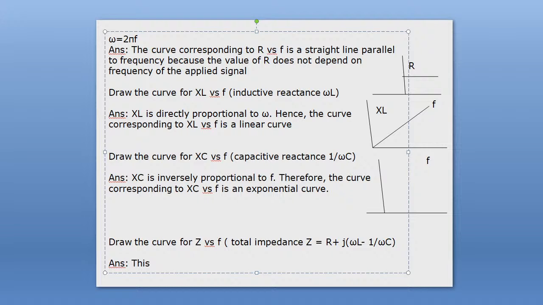The graph corresponding to Z versus f is a parabolic curve.